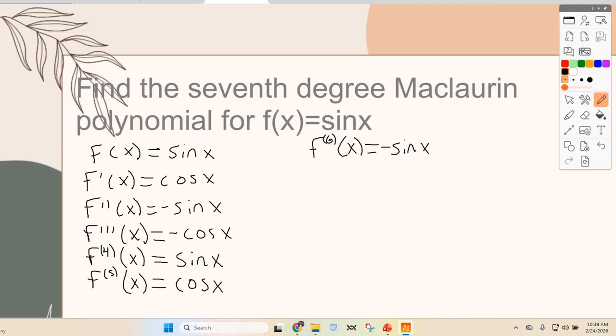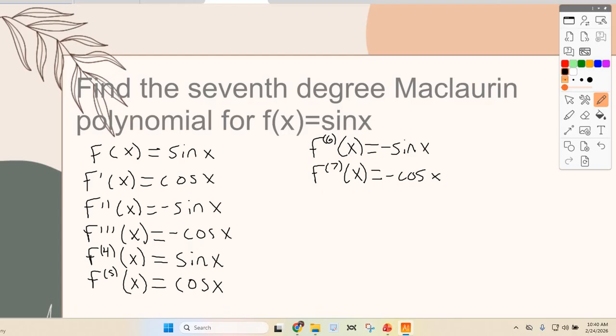Why do you think this time it asked us to go out to the 7th instead of the 6th like I did with cosine? Because the parts that equal 0 are different on sine versus cosine. Yeah. We all agree with that. And so notice that the things that went away for my cosine of x were all of the odd degrees.